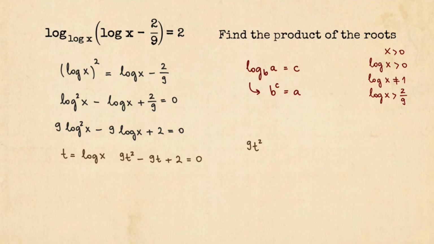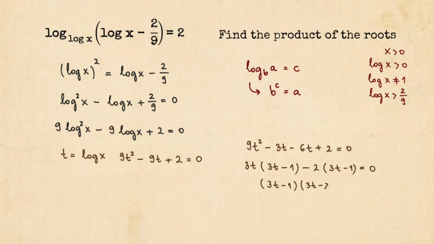You can choose how you want to solve this. Use the quadratic formula if you prefer, but I'll just factor it here because it's a simple one. Factoring gives us 3t minus 1 times 3t minus 2 equals 0.